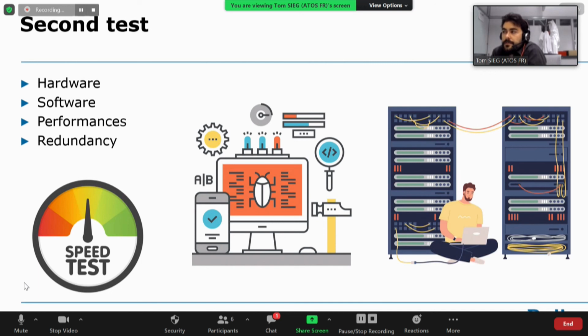And after that, one of the best tests could be an HPL, high performance test like you will do for the Top500 classments.